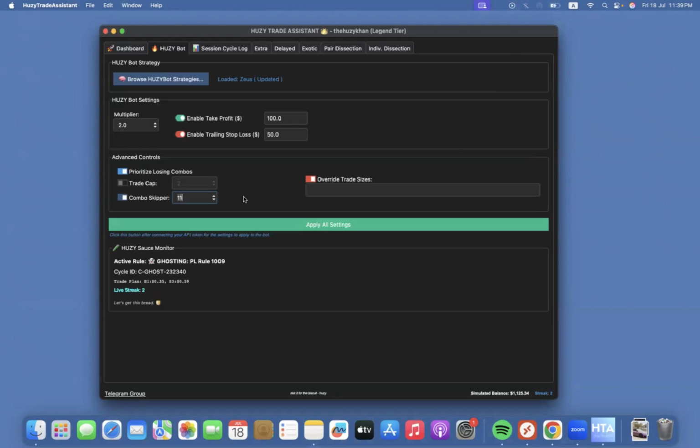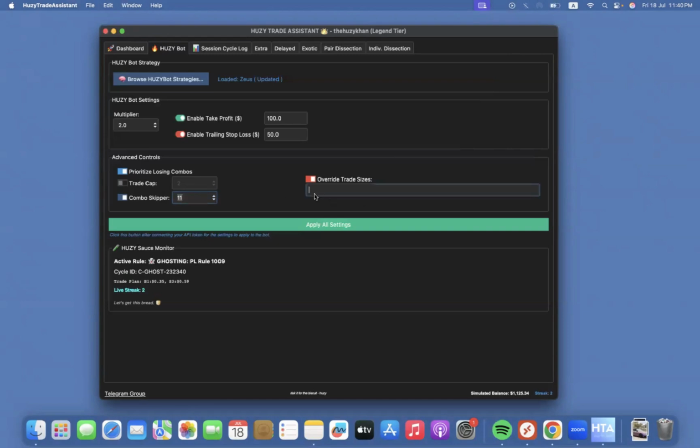You're not doing it. So for those people who want to make precision entries, I don't want to make 50 cents a cycle or $1 a cycle. I want to be precise with what I'm doing. So put the combo skipper high, okay? 11, 10, 9, 8, 10, 11, whatever you want to do.